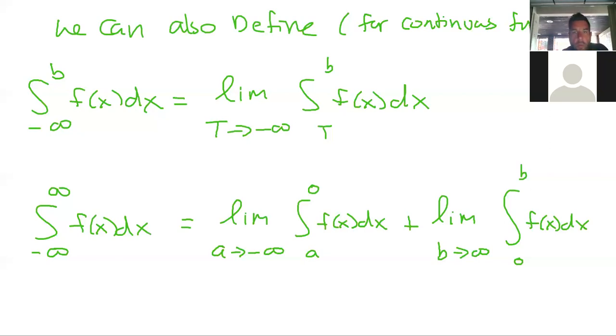Okay, and then there's one more type of improper integral that we need to define. And again, we're assigning meaning to things that shouldn't mean anything, but we're assigning it in an intuitive way.